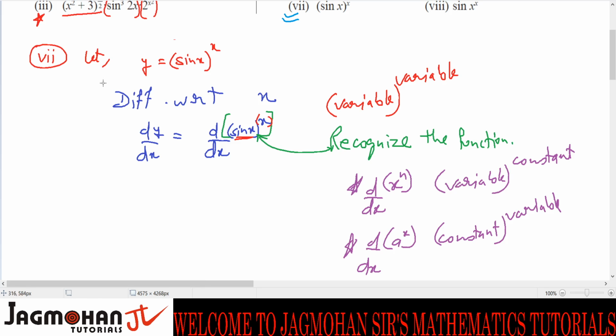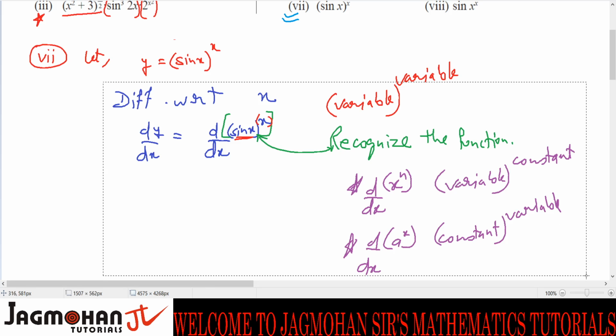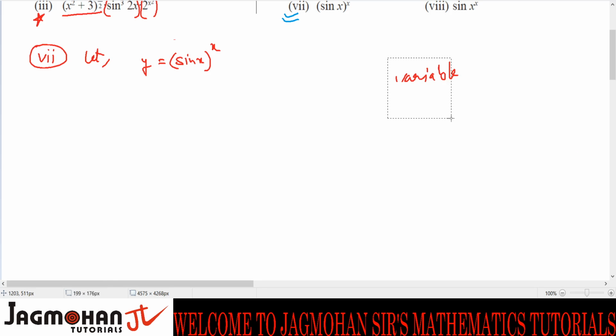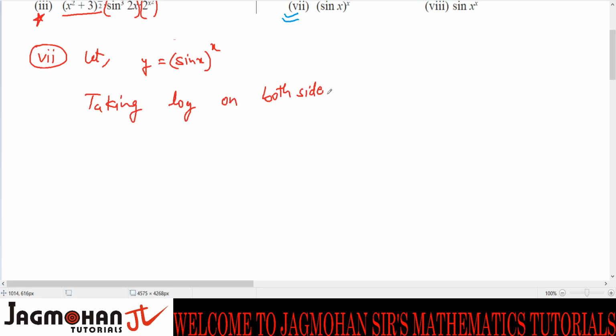So what I do, student, is as follows. Remember, it is now a rule. When I notice that I have a variable raised to variable function, then since there are no results available for it, I am left with one single option, and that is taking log on both sides. Now, what way does this help me?